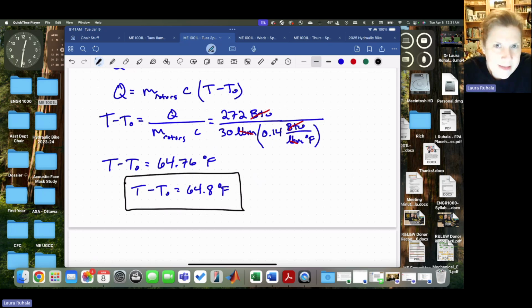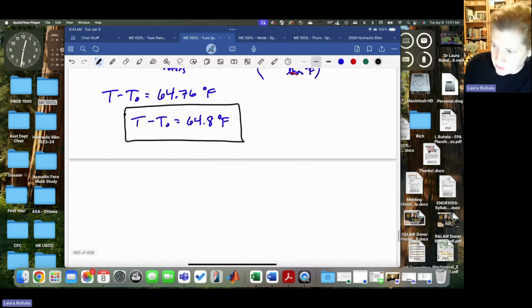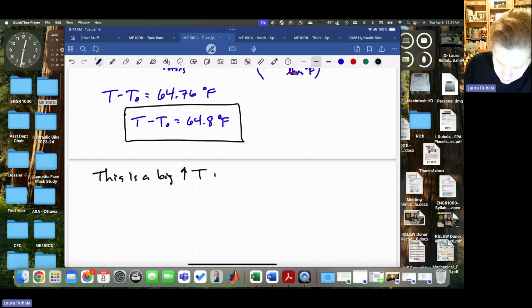Okay, so just in the time that it takes you to stop from 65 miles an hour, it will produce almost a 65-degree increase on the front brake rotors. So this is a pretty big increase in temperature in a short time.